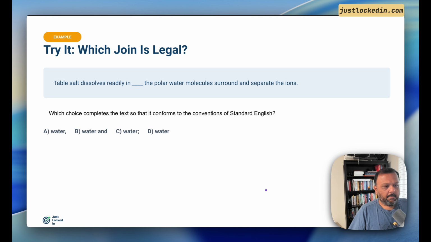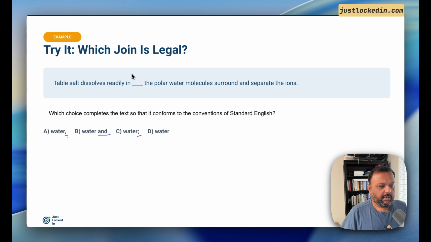But before I start, I want to talk about why this question is about connecting independent clauses. If you look at these 4 answer choices and eliminate the punctuation and the conjunction, all the choices have the same word, which is water.